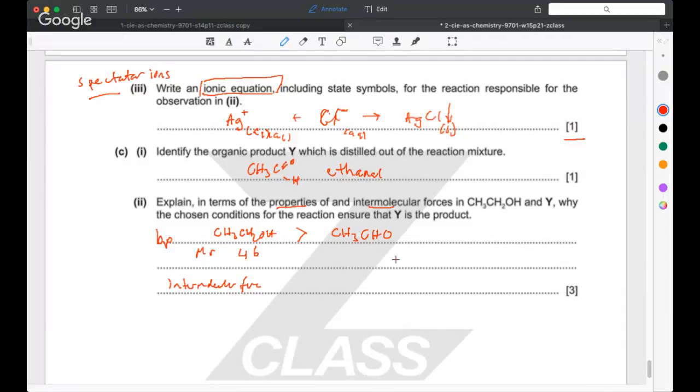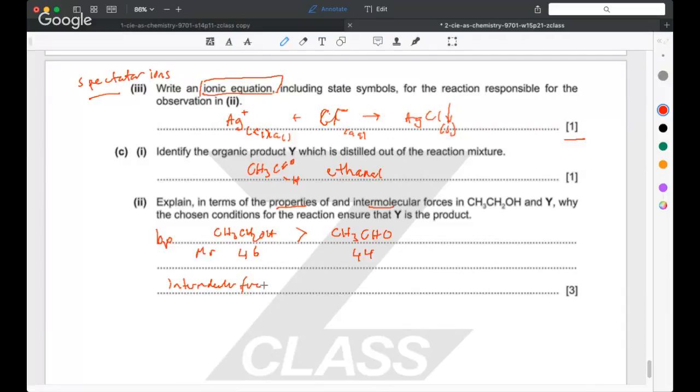And the relative molecular mass for ethanal is 44. So it's true that the relative molecular mass of ethanol is more than ethanal, and so that will give it a slightly higher boiling point. It's just a little bit more massive, but it doesn't feel like a particularly strong argument because the difference between these relative molecular masses is quite small.